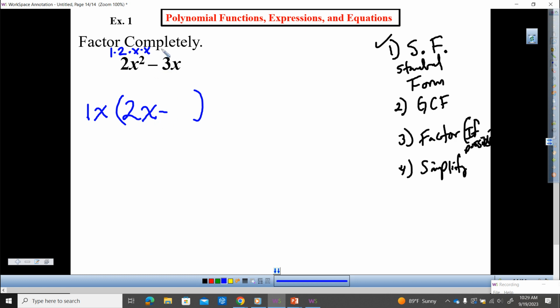The 3 is the same as what? 1 times 3. Is that correct? Well, what did we take out over here? It's a 1, so we're left with 3. Did we take out an x already? Yes, so therefore, these are my factors. How many of them? 2. 1, 2. 2 factors.